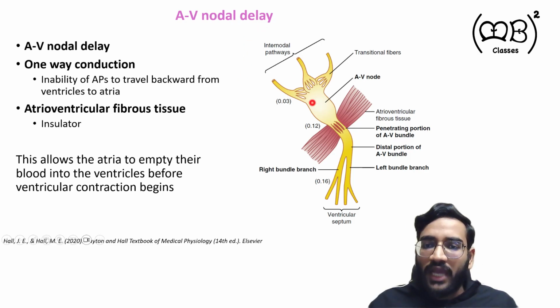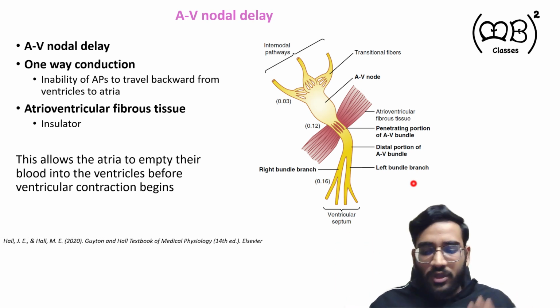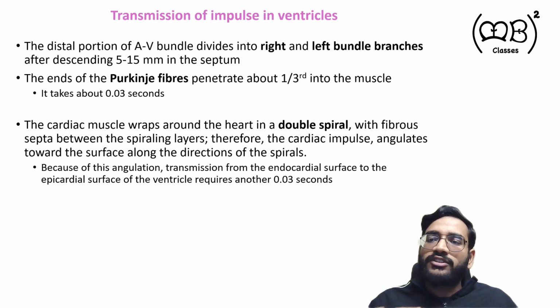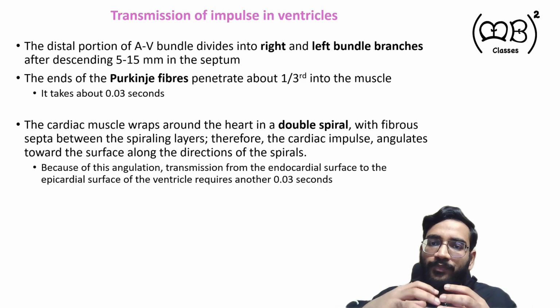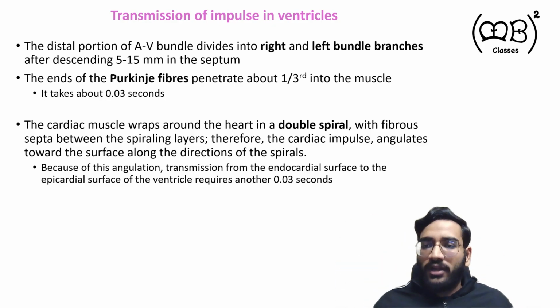That is the same time it takes for all the Purkinje fibers to get stimulated and transmit the impulse to all the endocardium of the ventricles. Another 0.03 seconds will be taken for the impulse to travel from the endocardium to the epicardium.